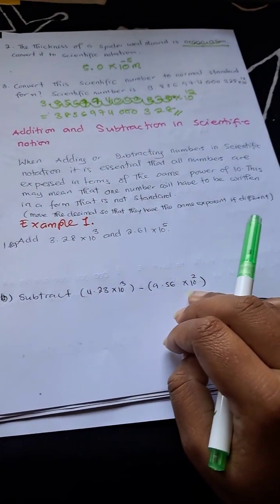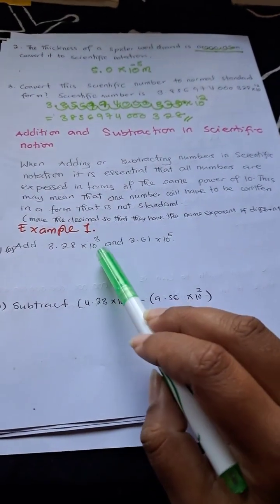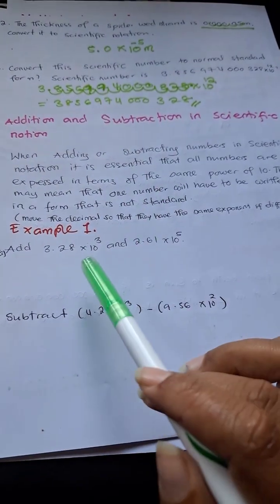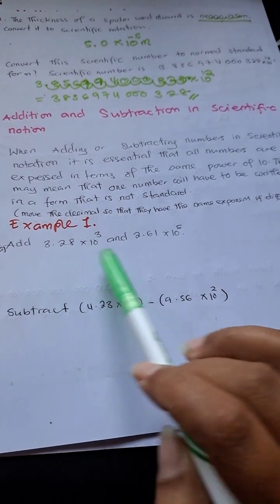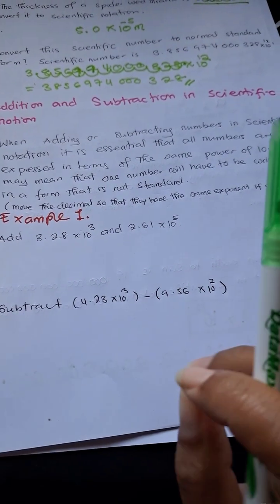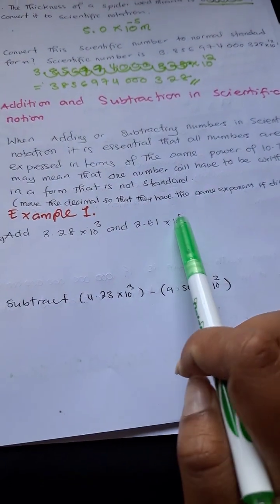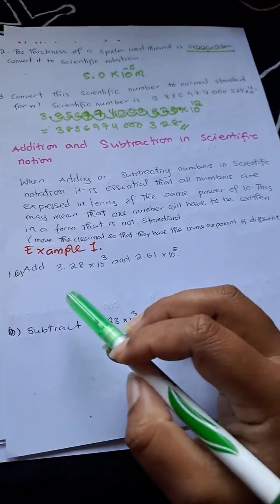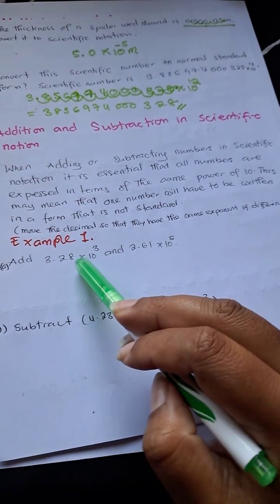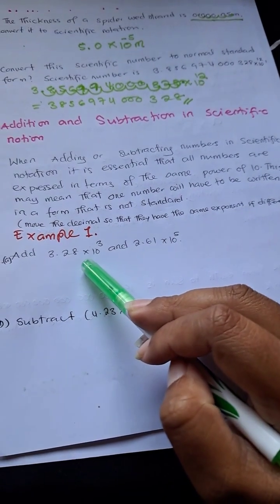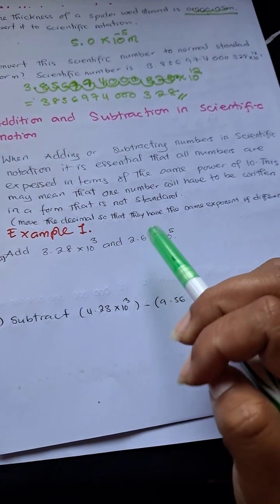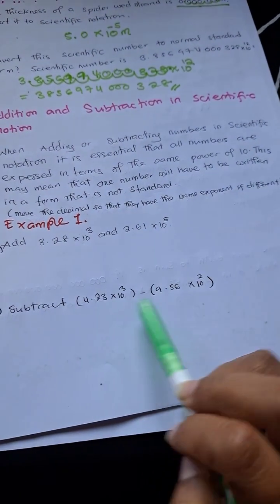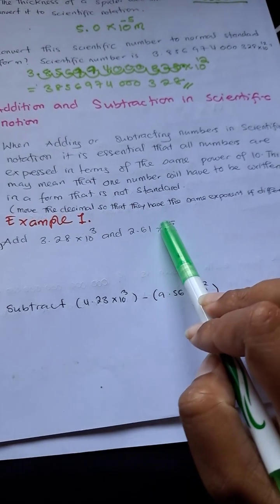But if you are adding or subtracting numbers with different powers, then we'll have to go by this. The choice is whether you want to make this one become the same power as this one, or this one become the same power as this one. The same applies to this one, depending on your choice.